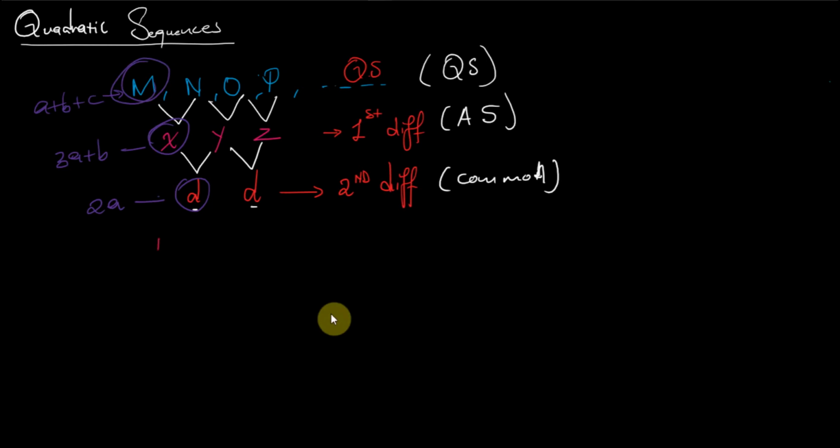That is how you find your Tn. Then your Tn is equal to an squared plus bn plus c, whereby this is the value of c, there is the value of b, and there is the value of a. So this is your general term.